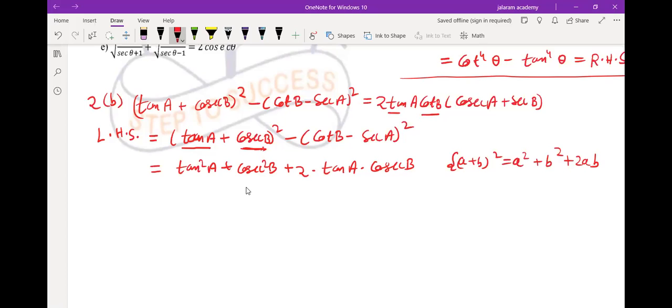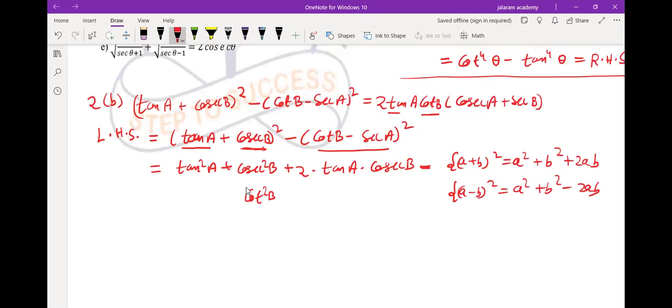So don't write this minus sign at the end of the line, as we have to write the next line. Some students write the minus at the end and then start the next line like this, cot square B, as we have to use the formula of (a minus b) whole square for the second bracket, which is a square plus b square minus 2ab.